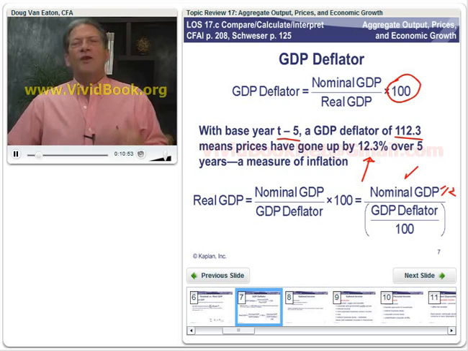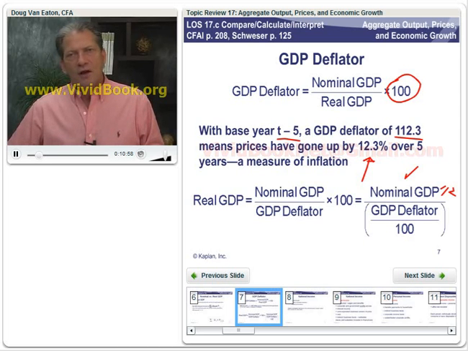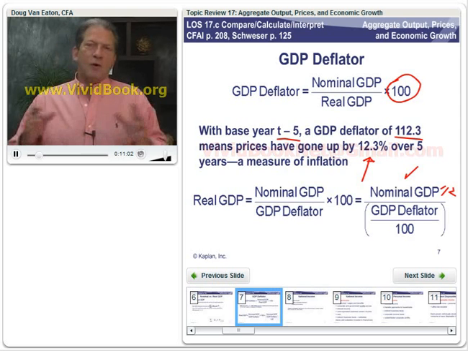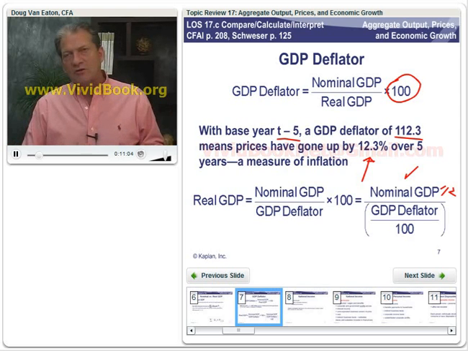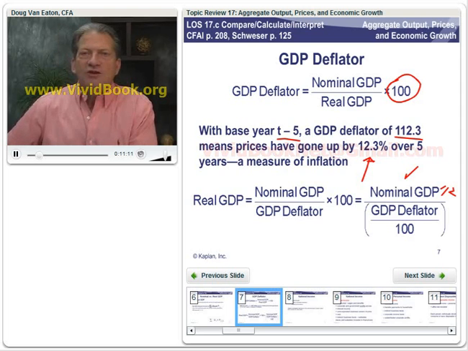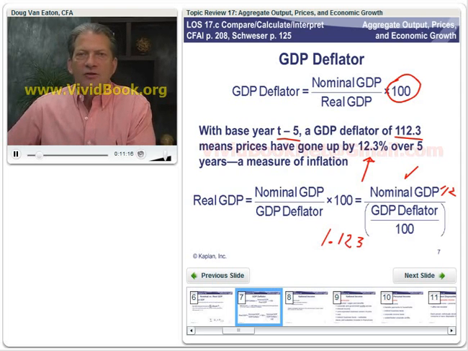So if this measure of inflation says prices are up 12.3% over that 5-year period, we can use nominal GDP, even if it's not for the whole economy. We might even have sectors where we think this deflator is an adequate measure of the price changes over time. Well, we would just end up dividing by 1 plus 12.3%. So it's just that index number divided by 100. That's what we divide by to get real GDP from nominal GDP.